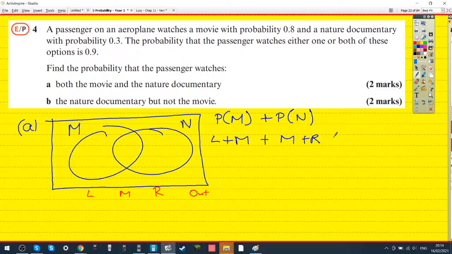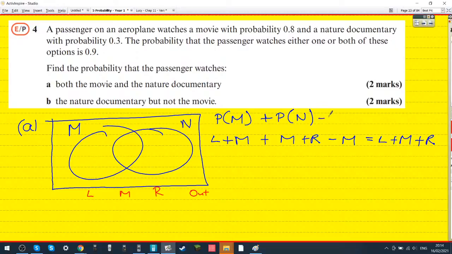And so if we have the middle twice, then if we take away the middle, we would get the left, the middle and the right. Okay. So the probability of the middle is both M and N. And that gives us the probability of M or N. What is the probability of M? 0.8.